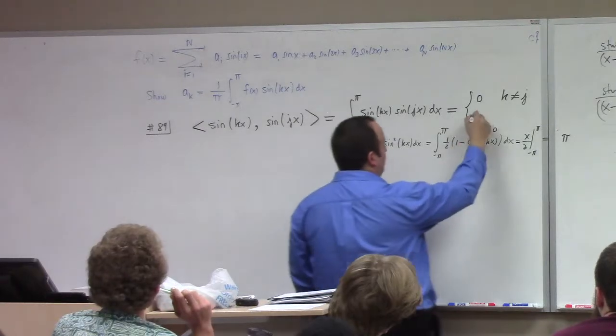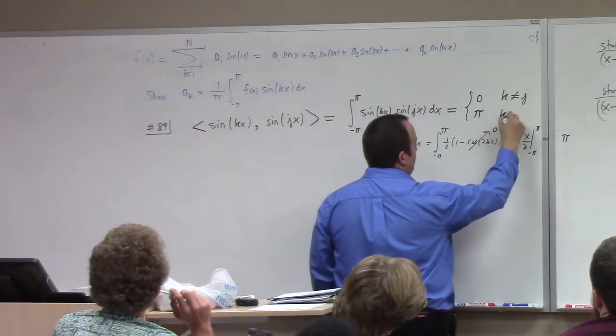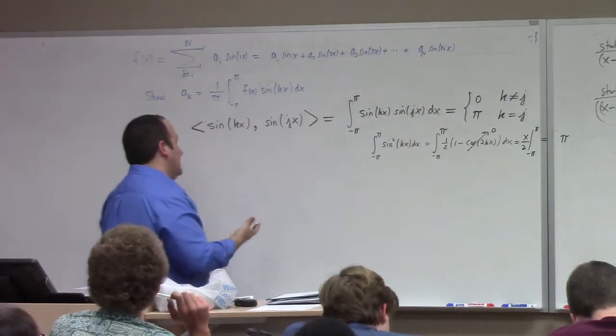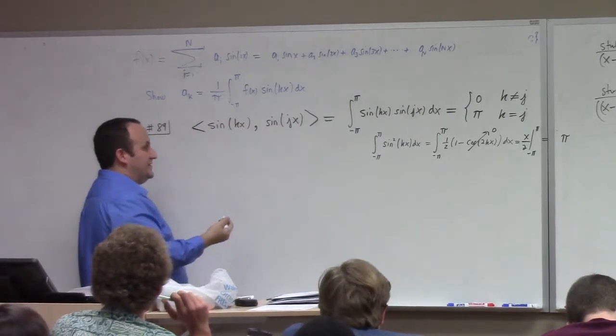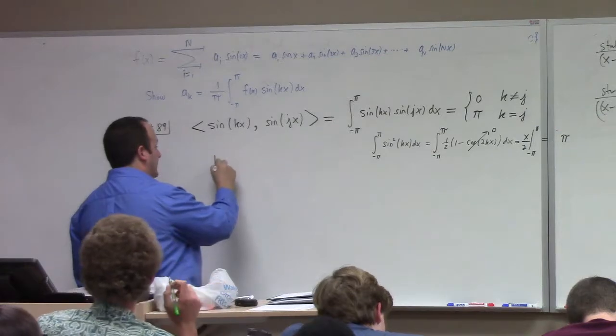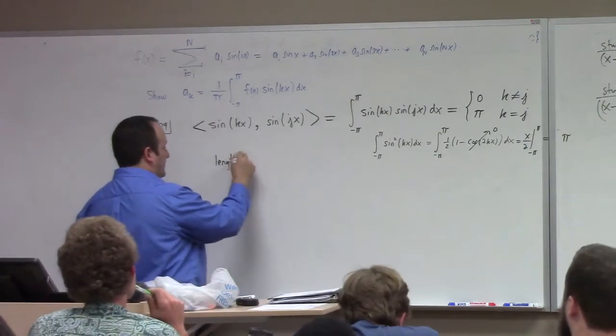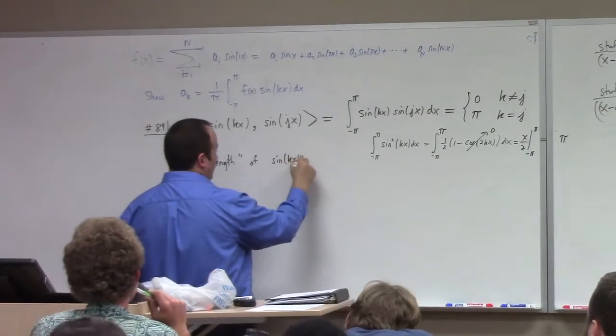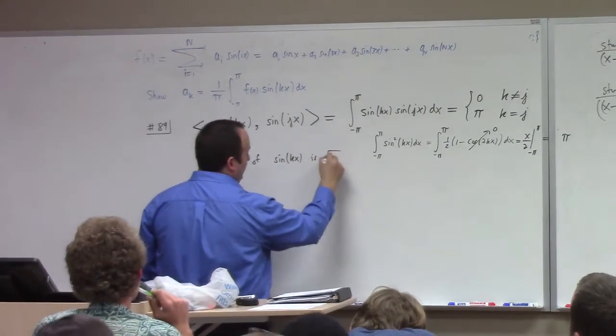So it's actually pi if k is equal to j. If you want me to chase this rabbit, I'll do it. The length, if you will, of sine of kx is the square root of pi.